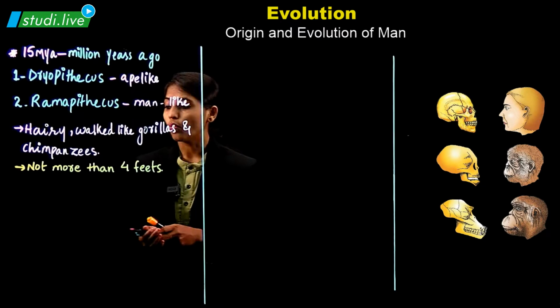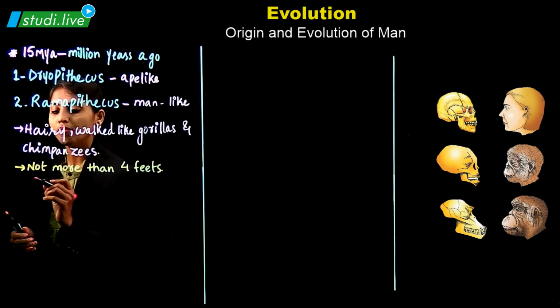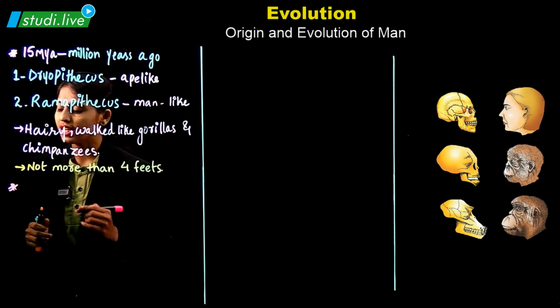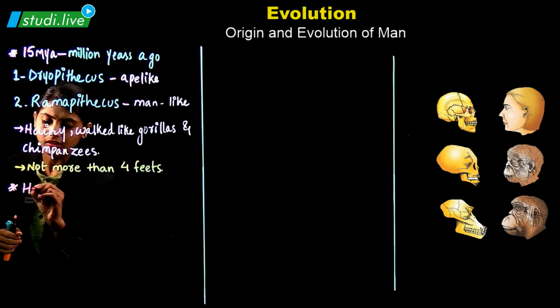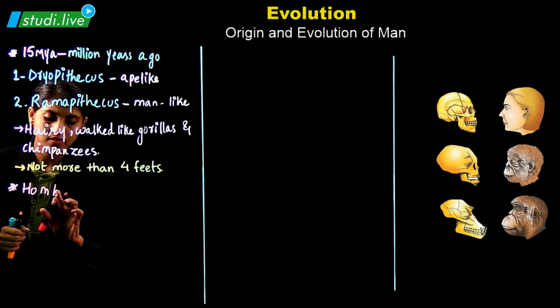Then later, what happened? We found something evolving. What is that something, student? That is Homo habilis.